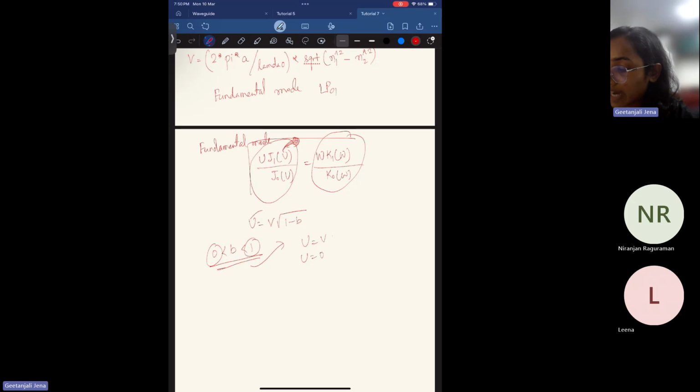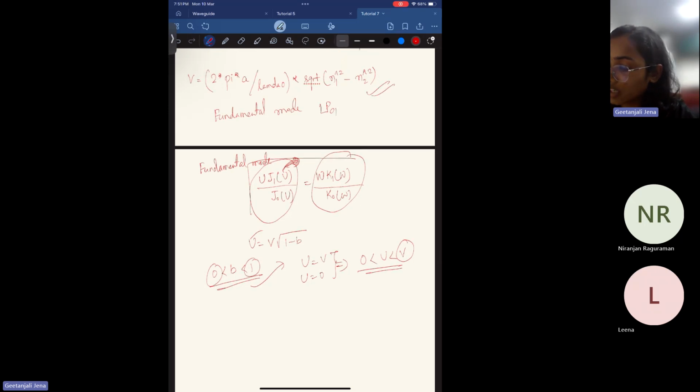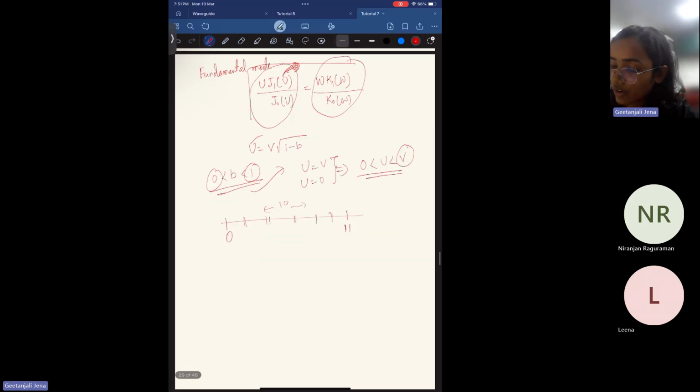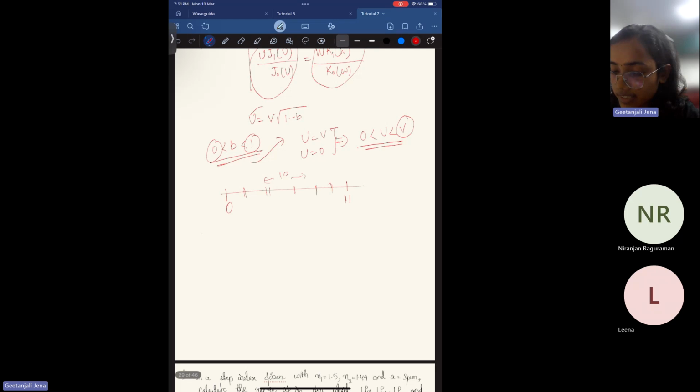So for the guiding mode, the range of U should be between 0 and V. You already calculated V using this formula. Let us say V is 11 now. You just discretize this range, taking a number of points, like 500 points or 1,000 points between 0 and V.